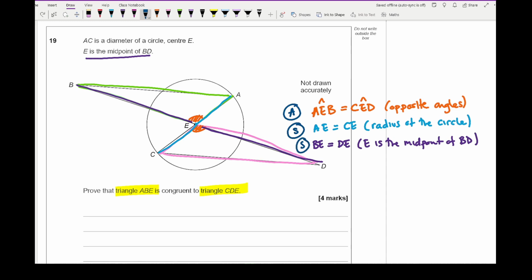So try not to use "as", but here we're going for "so as we have an SAS, triangle ABE is congruent to triangle CDE." Let me just get those letters the right way.